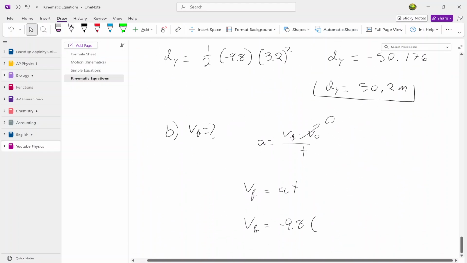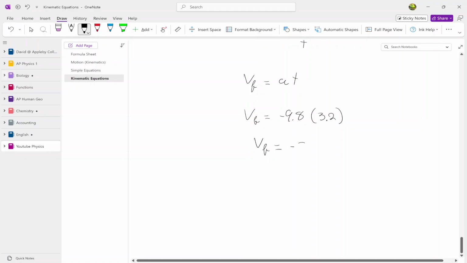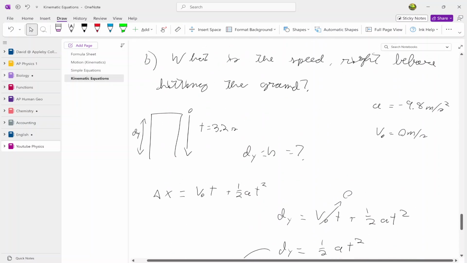Yes, sir, or ma'am. There we go. This one does make sense to be negative, right? Because it's going down. So negative 31.36 meters per second. There you go.